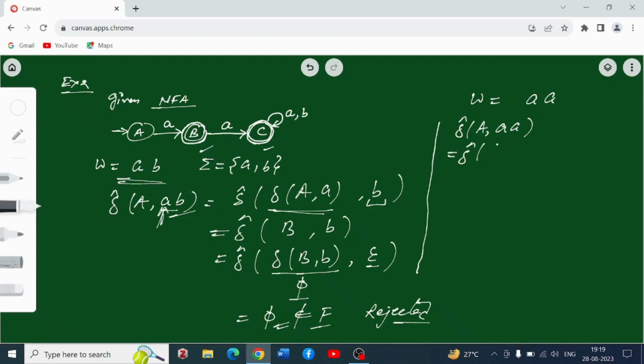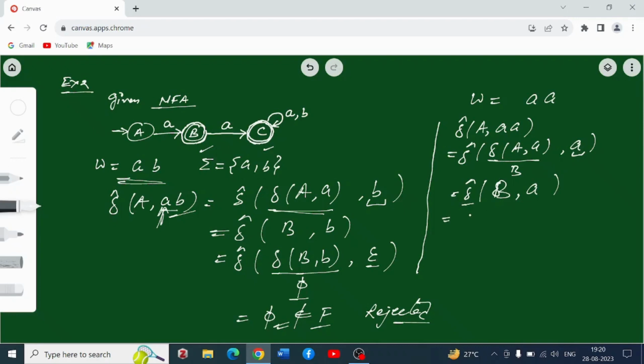Extending the function, we will have the first input symbol and this is the remaining input symbol. So A on input a is going to the state B. Therefore, we will have B and the remaining input a.